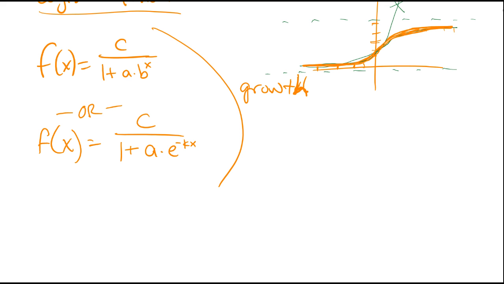When you want a decay version, then you actually would make the base bigger than 1. From the starting point of the original exponential function, we had growth when the base was greater than 1, but now, since it's in the denominator, we actually get decay when the base is greater than 1.